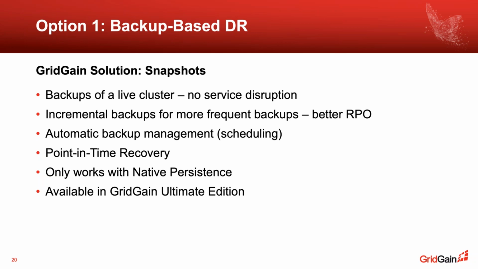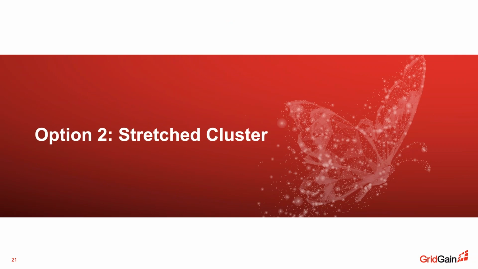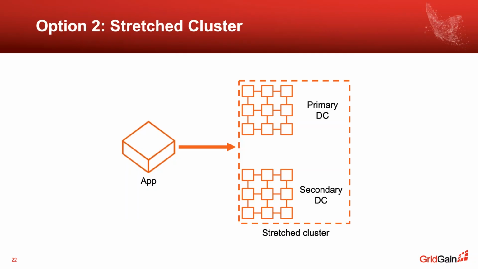So this was our first option, and some of you may say that, well, there is nothing new, backups were there for many decades, and this is true. But then our next option that we are going to review is what is really unique for distributed systems, and this is an ability to have a stretched cluster. So what is a stretched cluster?